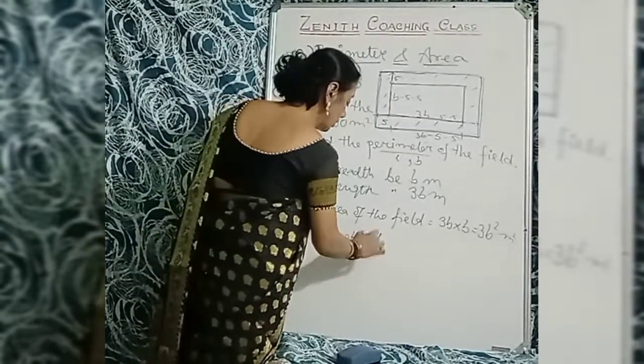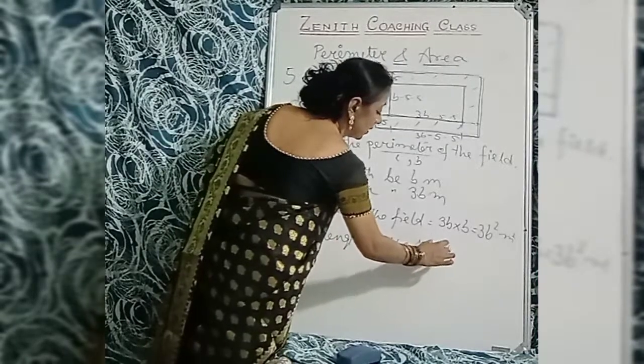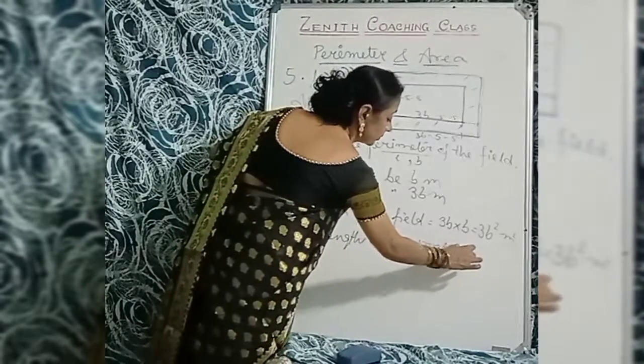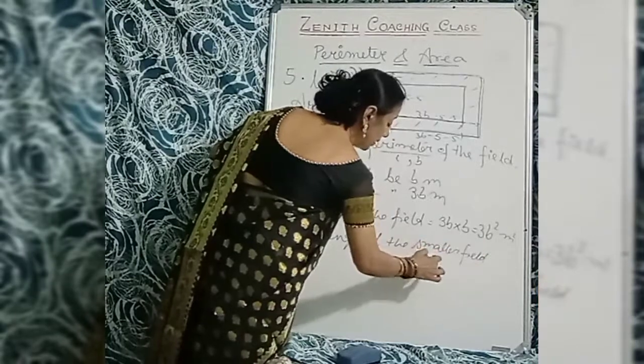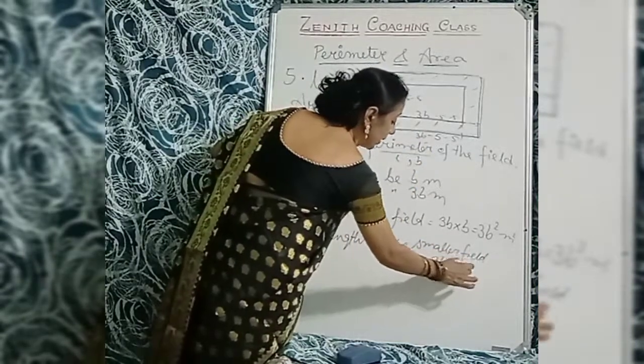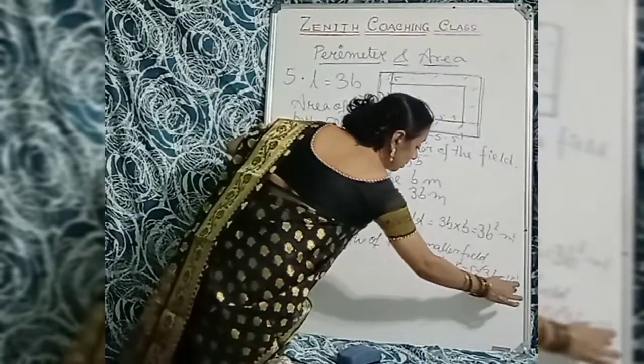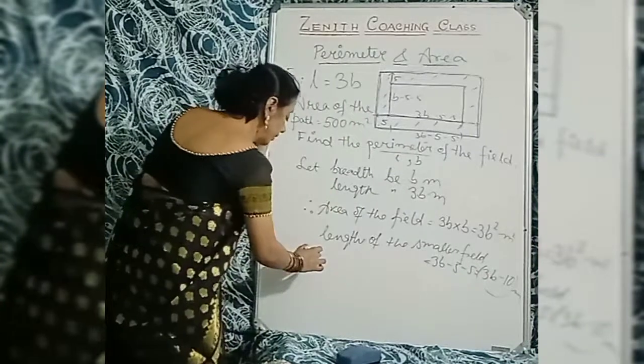Length of the smaller field equals to 3b minus 5 minus 5. That is 3b minus 10 meter. Okay, and here is breadth.